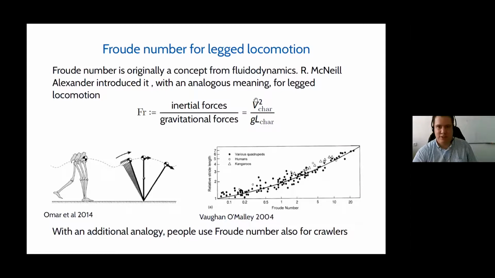So the ratio between the square of the characteristic speed of the mass divided by the gravitational constant and the length of the pendulum.